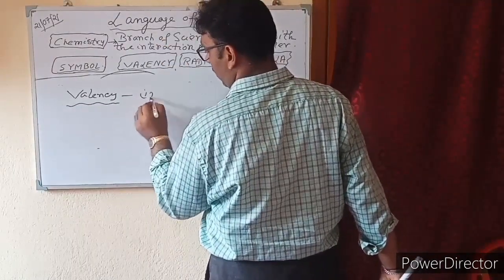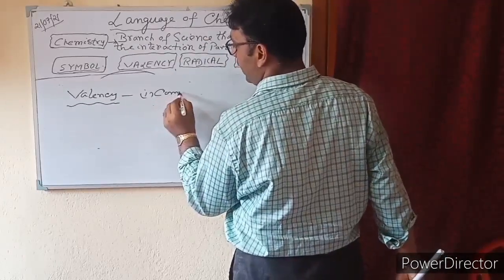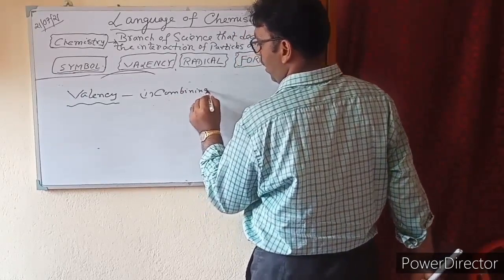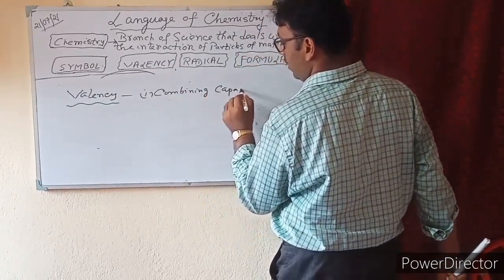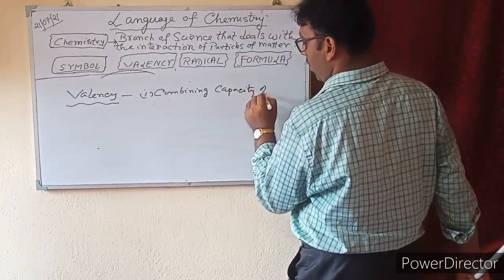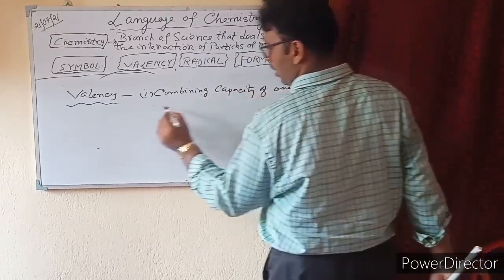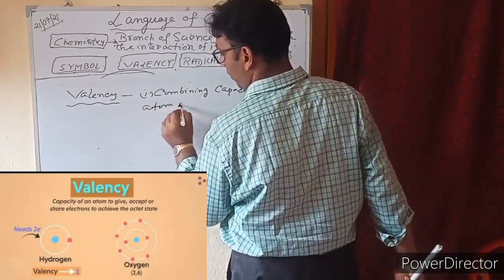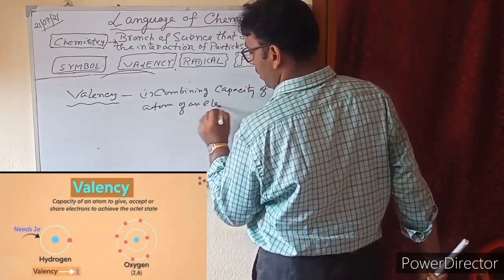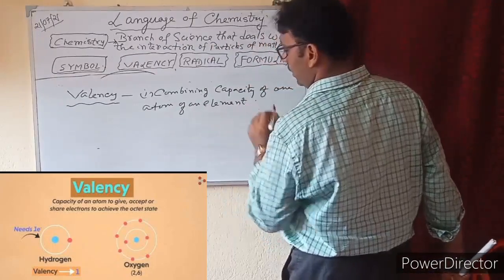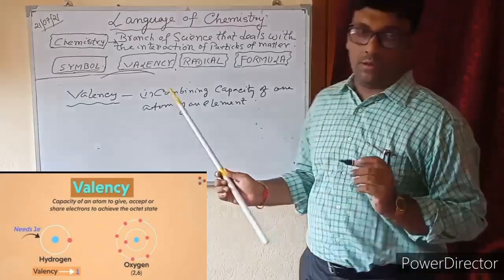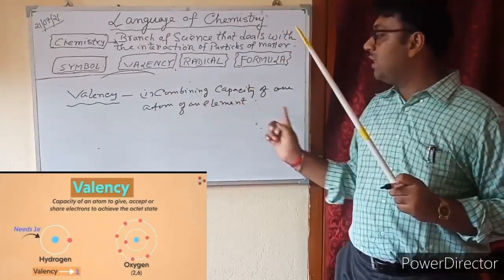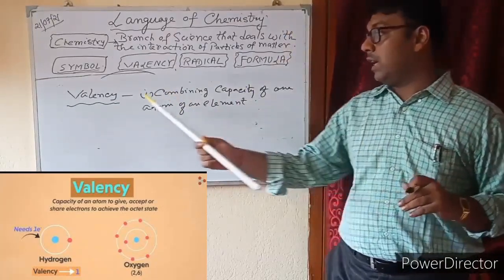Number one, combining capacity of one atom of an element is called valency. Combining capacity of one atom of an element, that is called the valency.